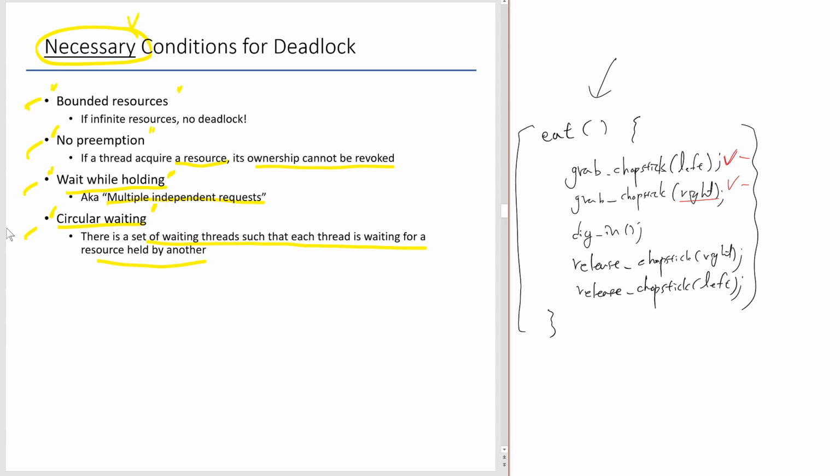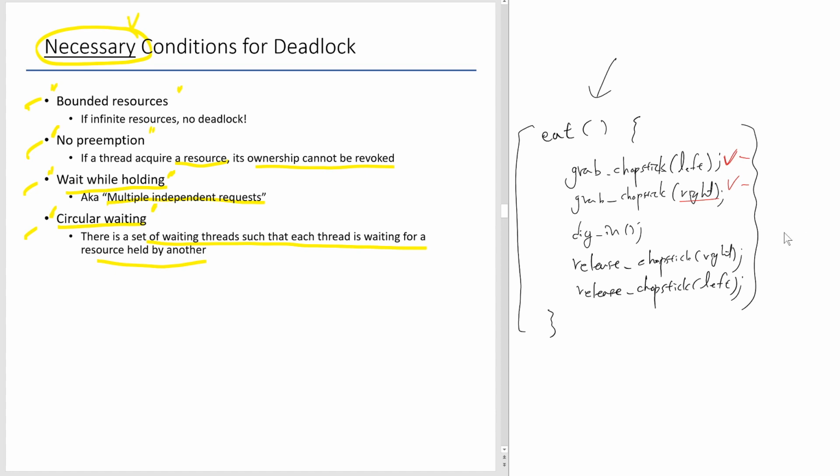That means if you break any of these conditions, then you're guaranteed to not have deadlock. So you can prevent deadlock by breaking any of these. Not all, just one. If you prove it, then your algorithm is good to go. Your algorithm is proven to be deadlock free.